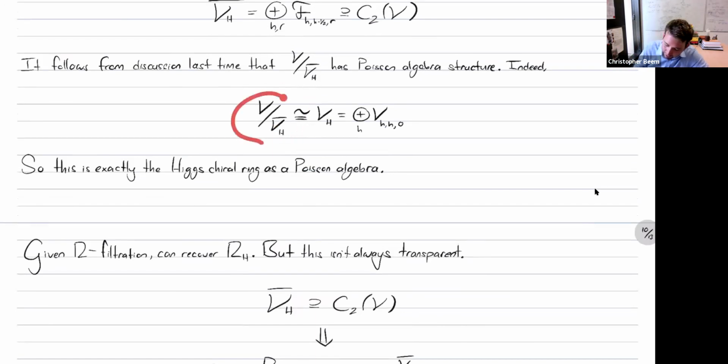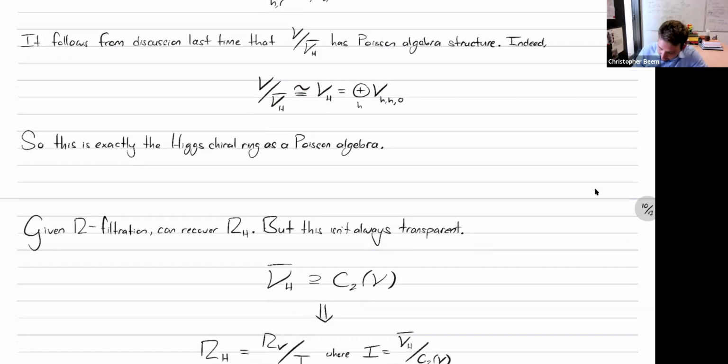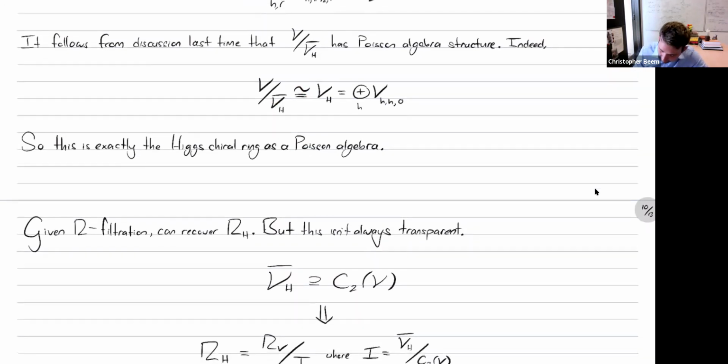And that means that if you take a bigger quotient, you still get something that has the structure of a commutative associative Poisson algebra. And this thing comes out as exactly the Higgs branch chiral ring. So if I know how to impose this R filtration structure on my underlying vertex algebra, then I can find my way back to the Higgs branch chiral ring by a quotient that looks very similar to the quotient we were taking in defining the C2 algebra. I'm quotienting by a bigger thing, but the same mechanics are involved.